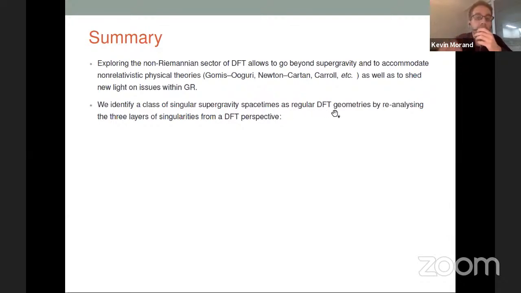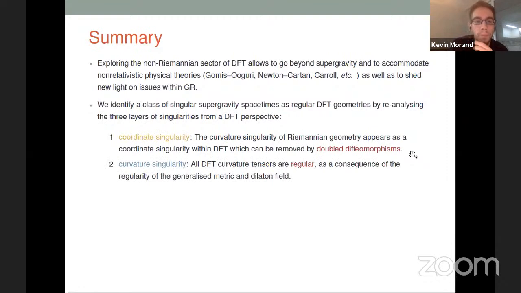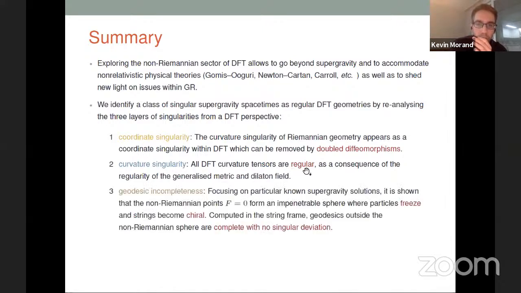We do this by reanalyzing the types of singularities from a DFT perspective. As we show, the curvature singularity in Riemannian geometry appears as a coordinate singularity within DFT, which can be removed by a double diffeomorphism, more specifically by this B-field gauge transformation. There is no sign of a curvature singularity, so all the DFT curvature tensors are regular.